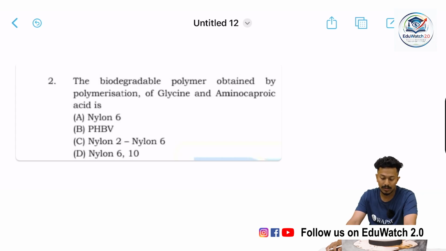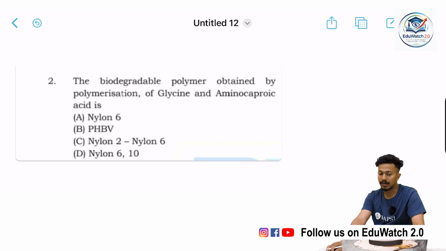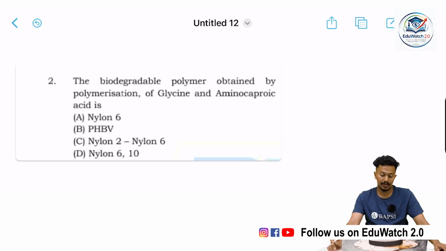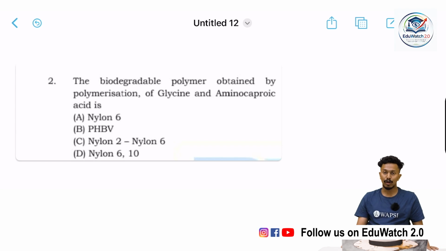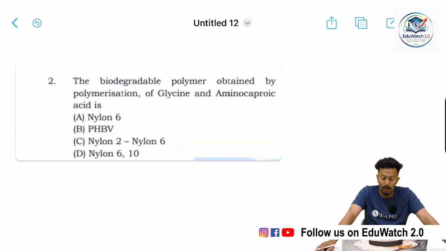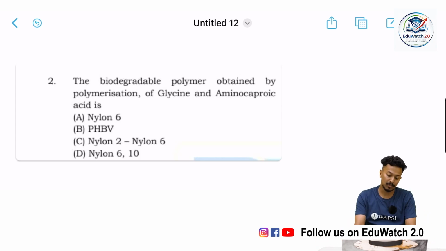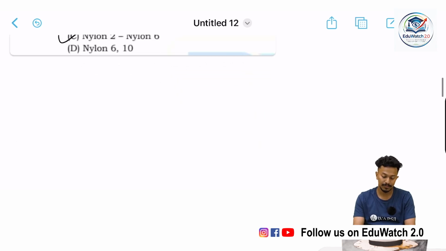Nylon 6 is not biodegradable. It's actually nylon 2, nylon 6. We have studied in the polymer section that nylon 2, nylon 6 is a biodegradable polymer obtained by the polymerization of glycine and aminocaproic acid. So the correct option for this question would be option C, nylon 2, nylon 6.